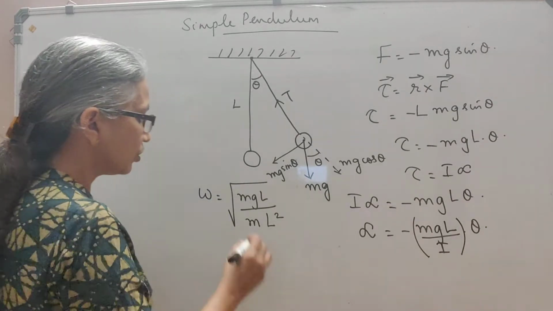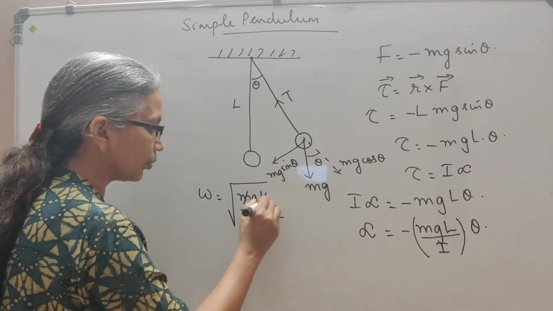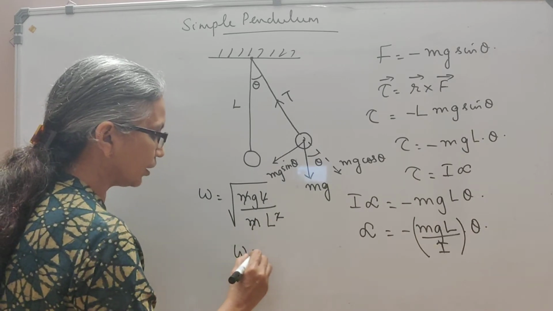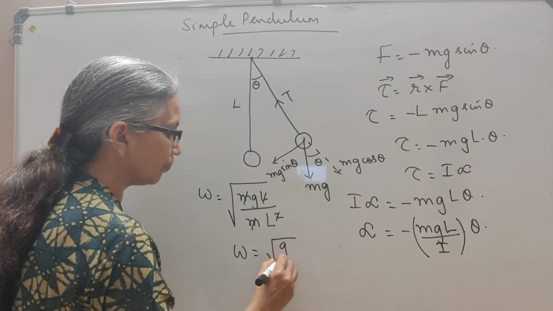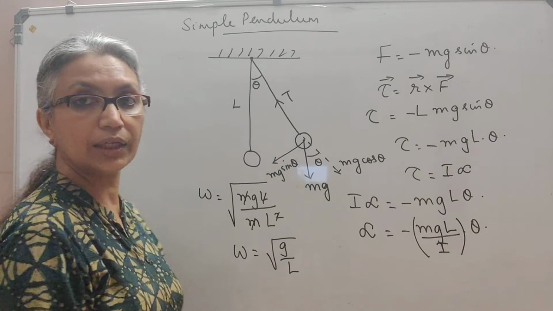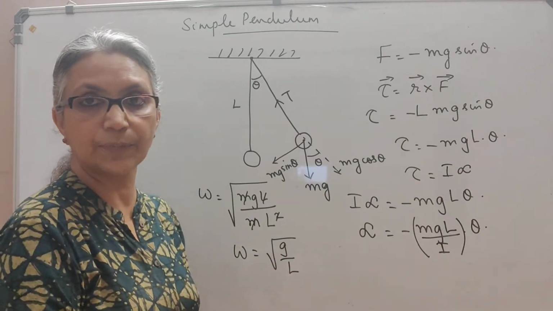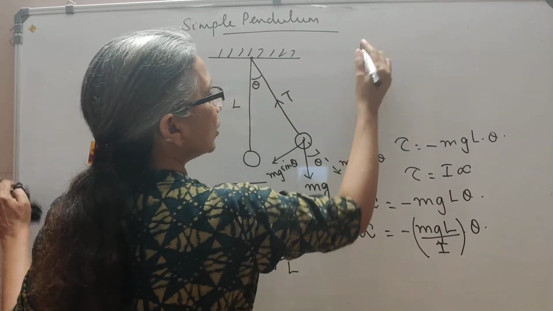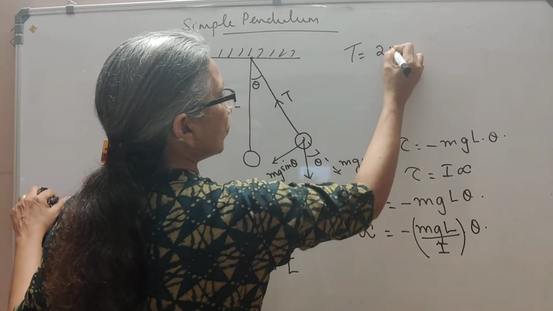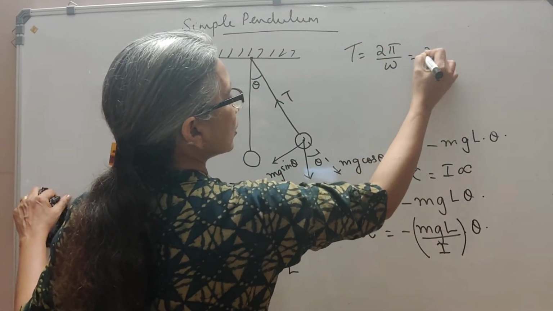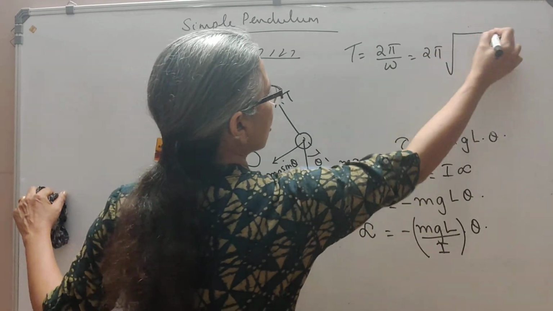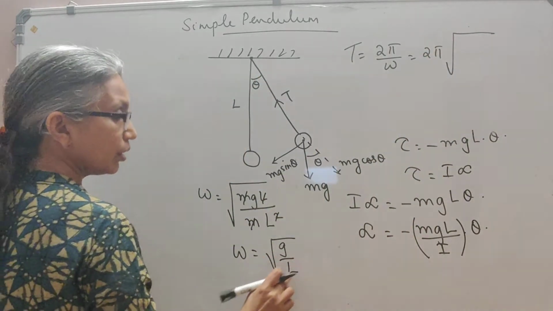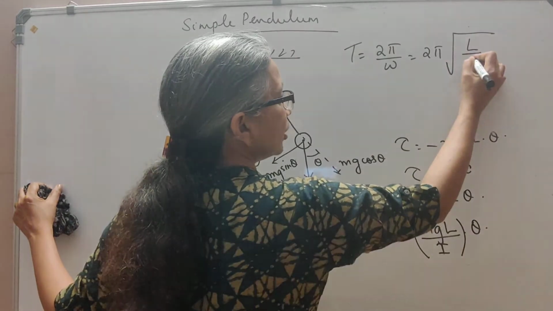I can cancel this and I will see that omega is equal to root of g by L, from which I can go on to get an expression for the time period of the simple pendulum. The time period, we know, is equal to 2 pi by omega, so this is going to be 2 pi root of L by g, since omega is in the denominator.